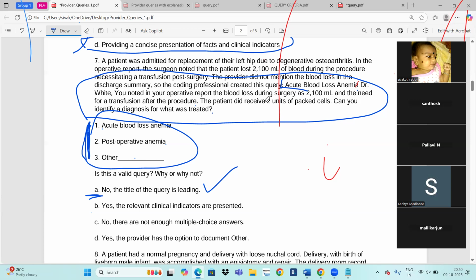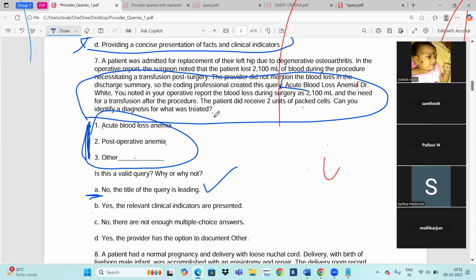They documented the diagnosis based on the indicators, which were 100 ml of blood loss and the transfusion after the procedure, and the patient did receive 2 units of packed cells. Can you identify the diagnosis for what was treated? So based on the indicators, the coder identified these as related indicators to acute blood loss anemia and mentioned the diagnosis to the provider.